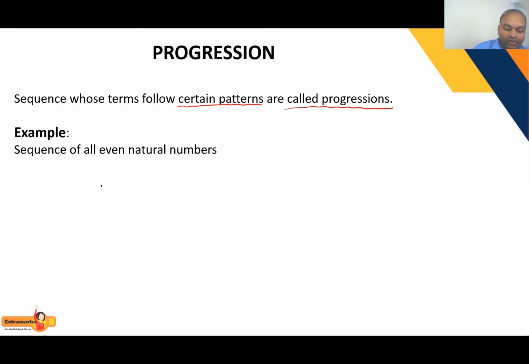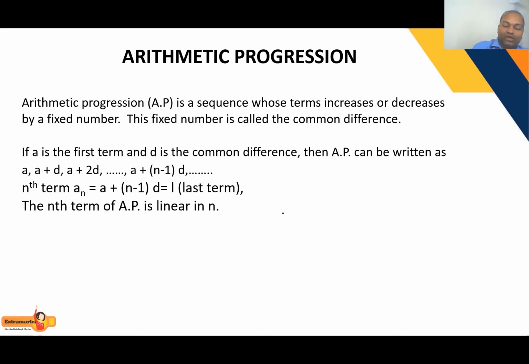Even natural numbers start with what? 2. So write here 2, next 4, next 6, next 8, and so on. Sequence means you write 2 comma 4 comma 6 comma 8 comma and so on. But here they follow a certain pattern. These are all even natural numbers. That is called a progression.